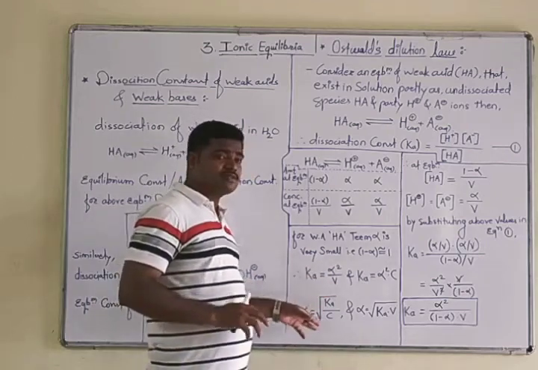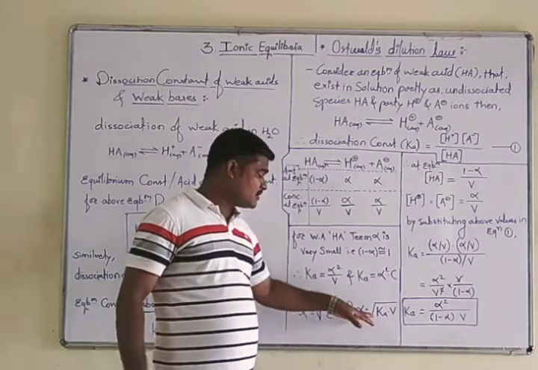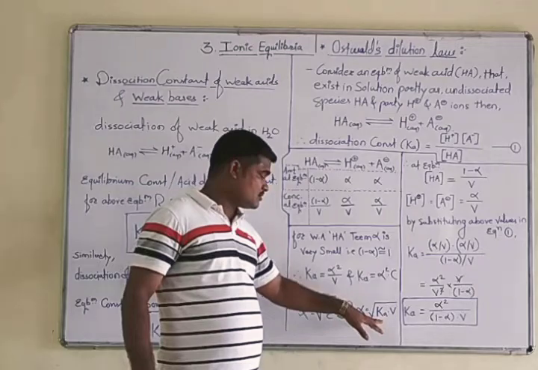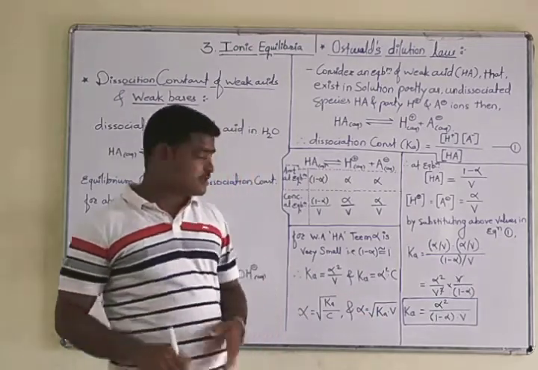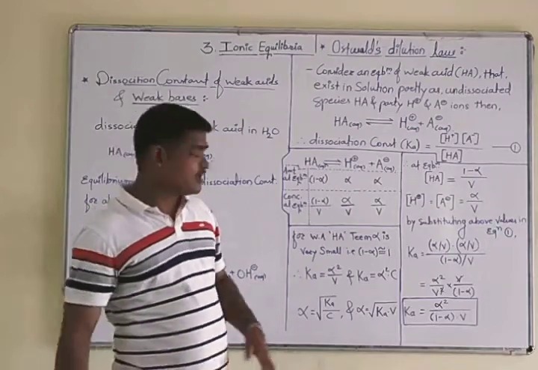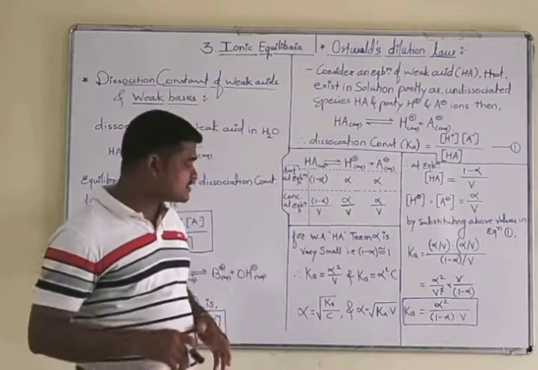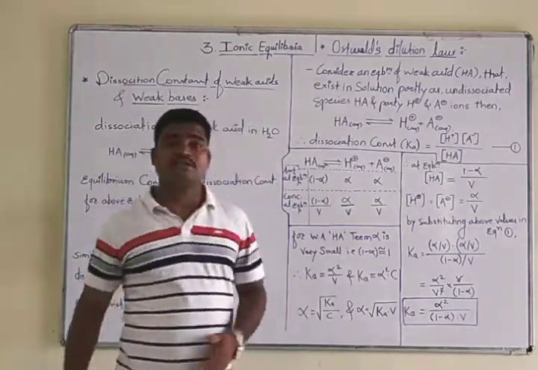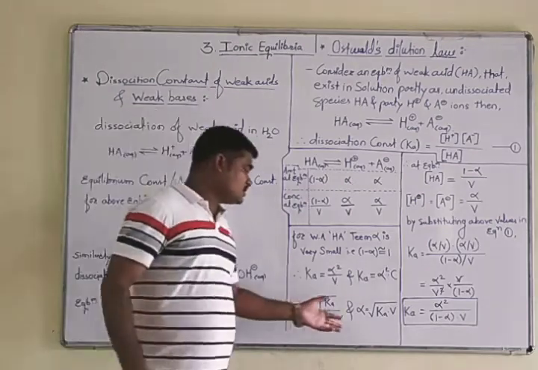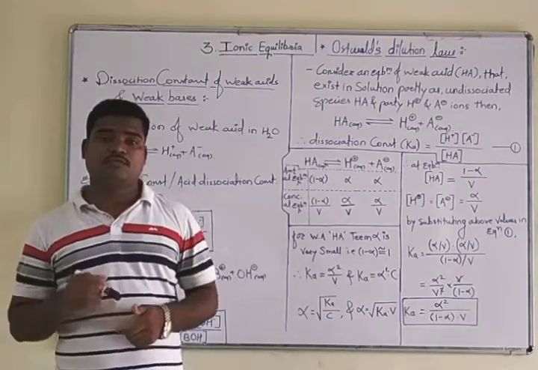By rearranging all these terms, you will get this equation, alpha is square root of Ka upon C, and by taking the square root again, you can reconvert that equation into another form, that is alpha is equal to square root of Ka into V in terms of V. So all this is about the degree of dissociation. For the degree of dissociation, we have to make changes in the above equations.